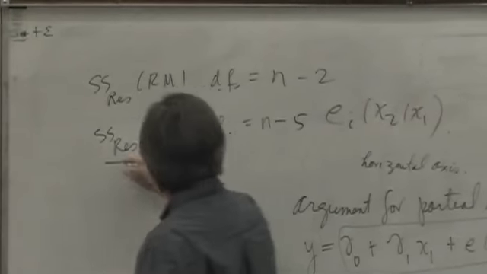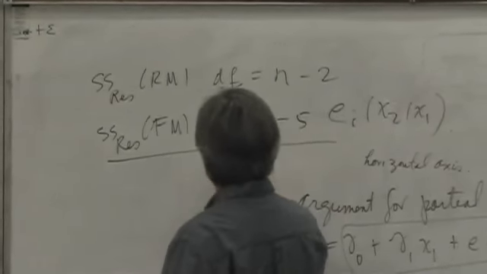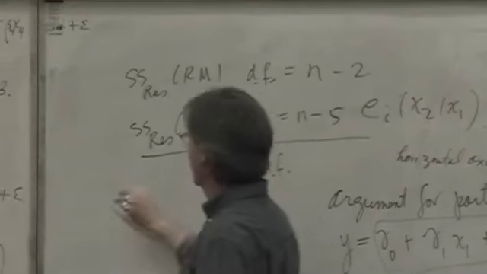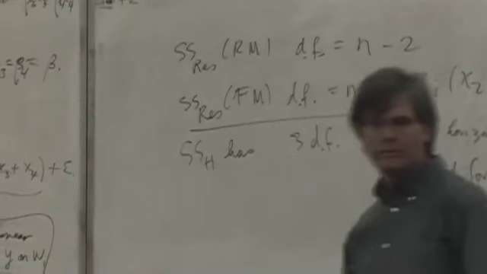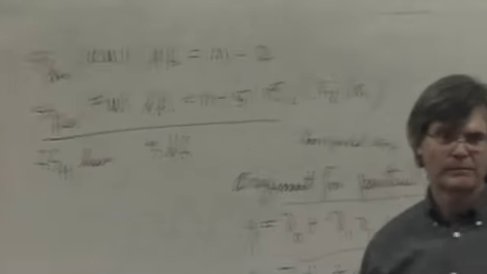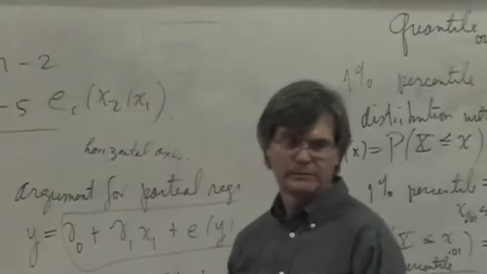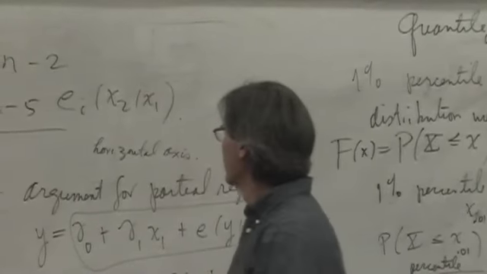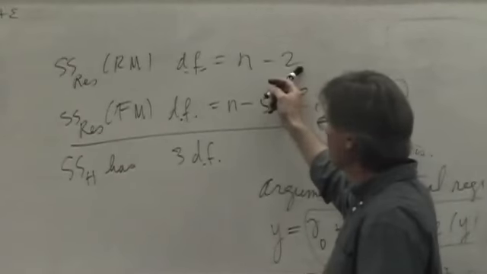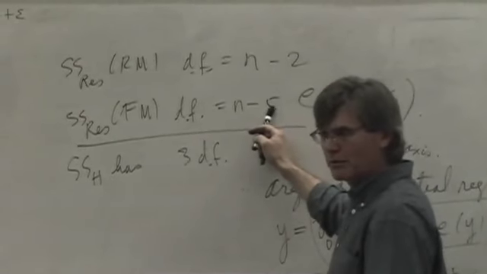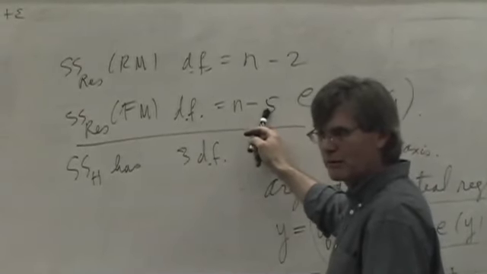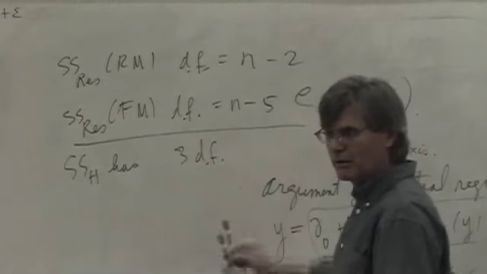So subtract those, and you get 3 degrees of freedom left over for SSH. It's n minus the number of parameters estimated: 2 parameters in a simple linear regression model, 5 parameters in this multiple regression model, including the intercept.